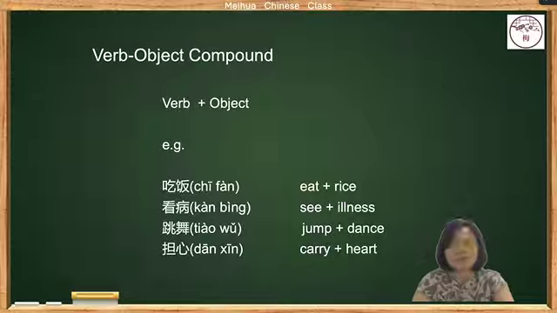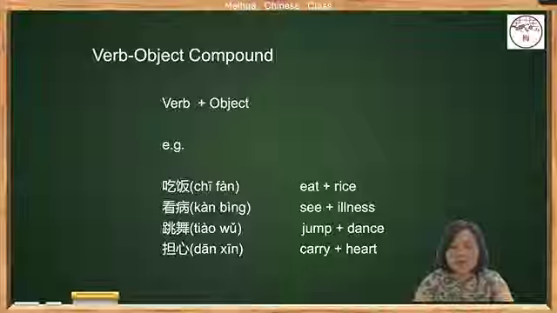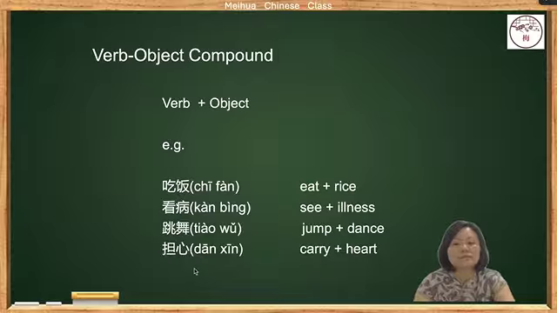So the word means you are worried about something. Your heart cannot take a rest because you are always holding it carefully. You are thinking about something and you're worried about something. So this is 担心. It's a verb and object structure.